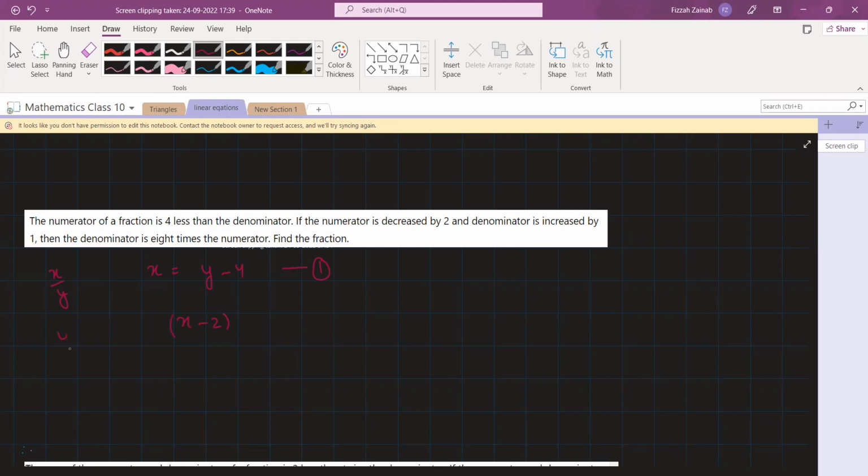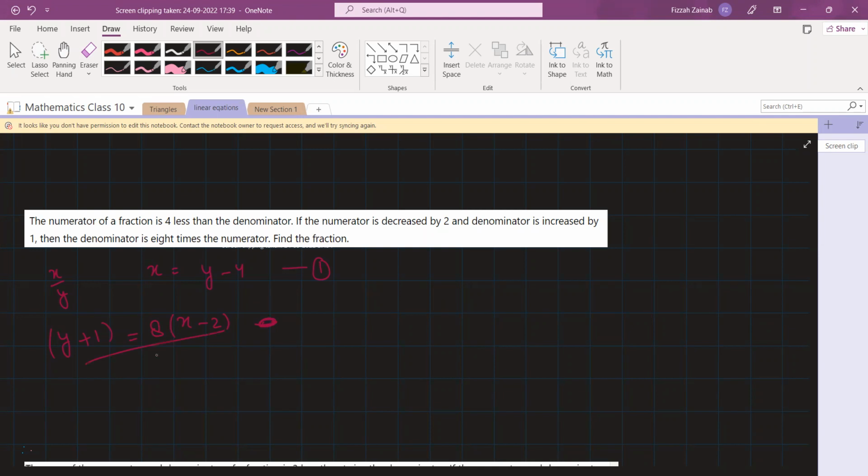So if we increase this y by 1, then the denominator is 8 times the numerator. Is this clear? You can simplify this. Yes, Harsha, understood?